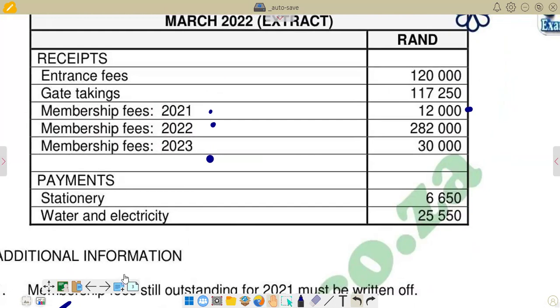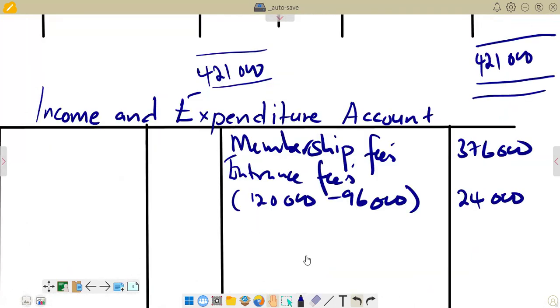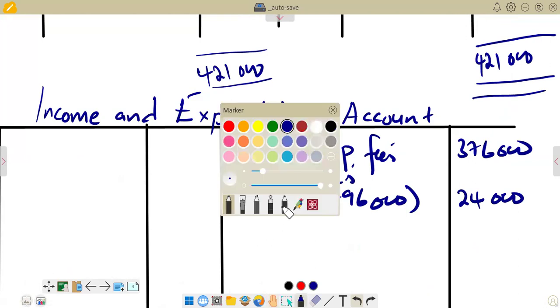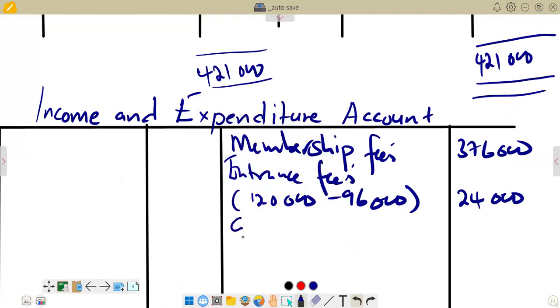Put it there in the income and expenditure account. So we're saying here we also have gate takings. The amount that we have is 117,250.